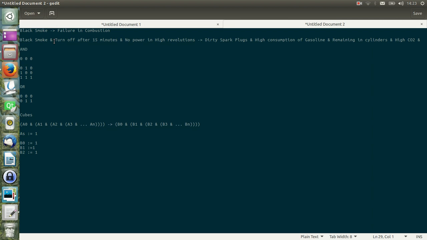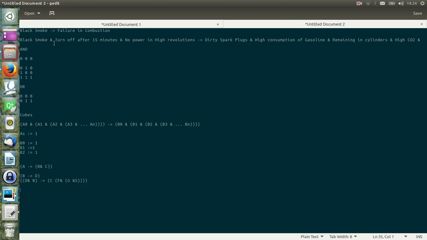Imagine that we have our knowledge base: A implies B and C; B implies D; the conjunction of D and B implies C and F with G and S. These are rules 1, 2, 3, and 4, the main one.